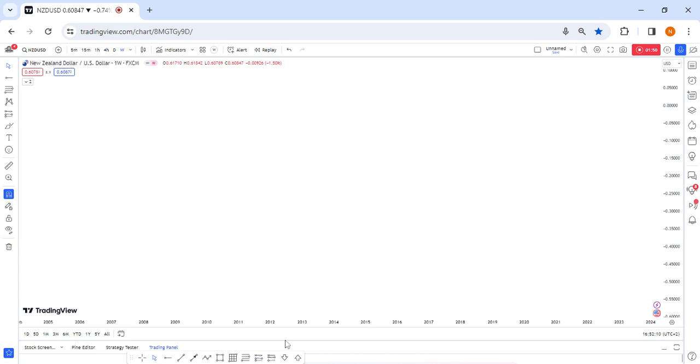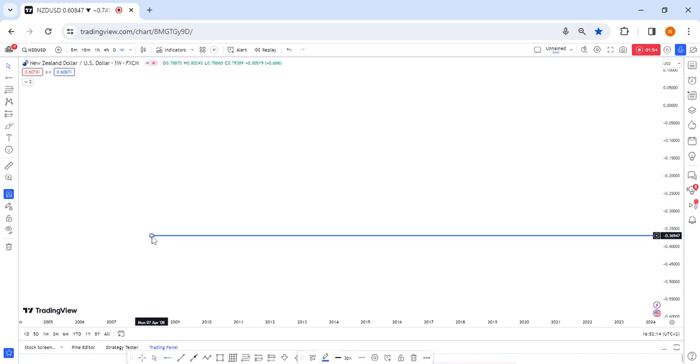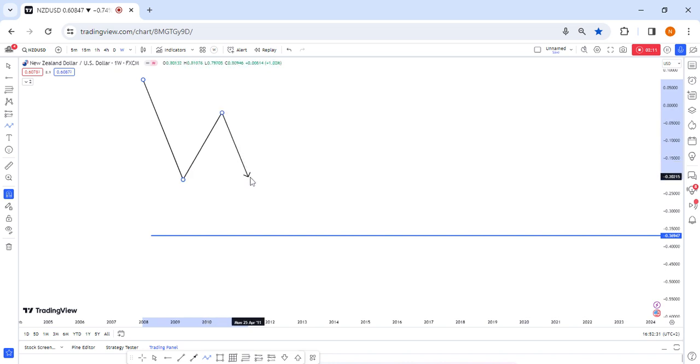Imagine support as a floor, right? Where the price tends to stop falling when it has been dropping or has been moving in a bearish motion. So to give you an illustration of that, we have a situation where price has been making lower lows and lower highs, and then it hits this floor, right?